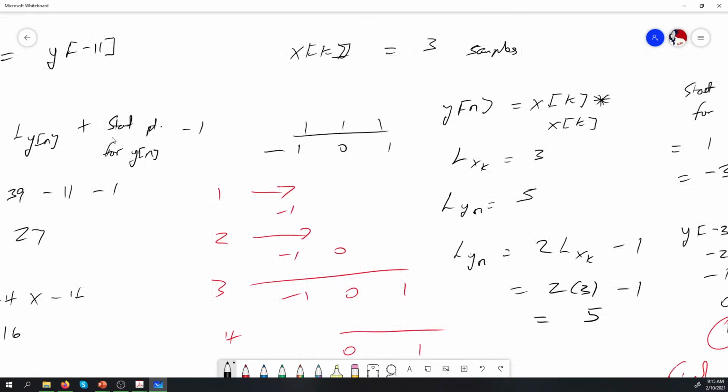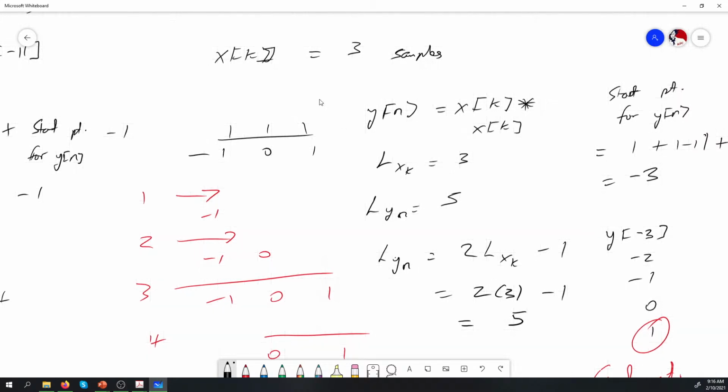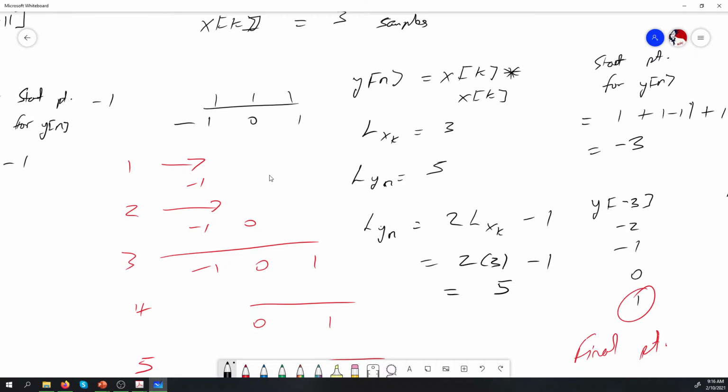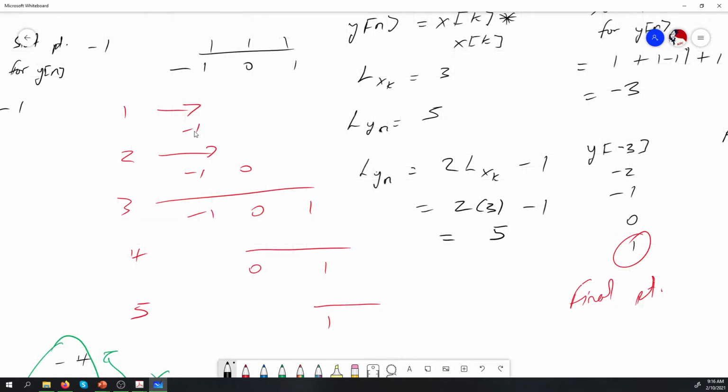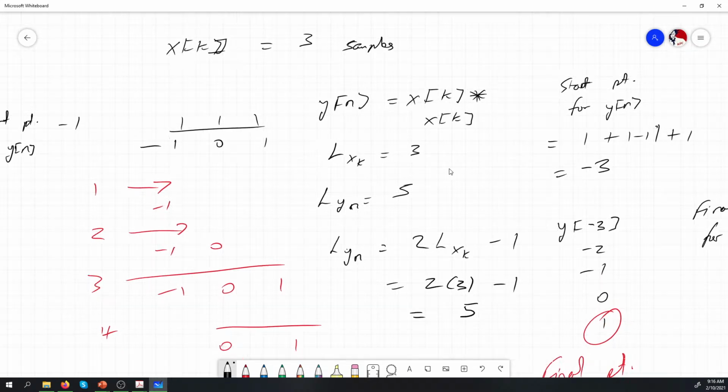Instead of dealing with the full question to begin with, I dealt with a very small amount of samples and then figured out how to formulate equations using them. Because I used a small amount of samples, it was easier for me to manually evaluate how the convolution slides occur and how many slides occur as a result. So it's a lot easier to formulate this once we scale down the problem.